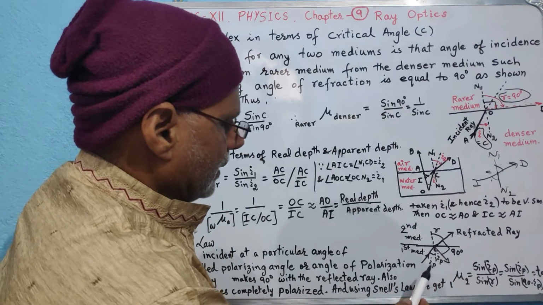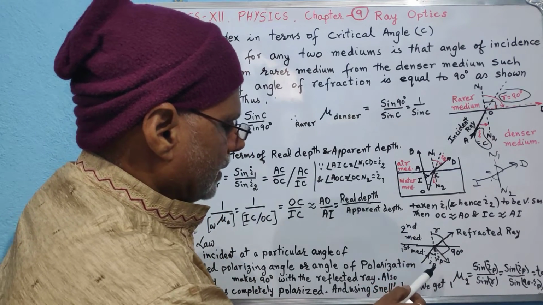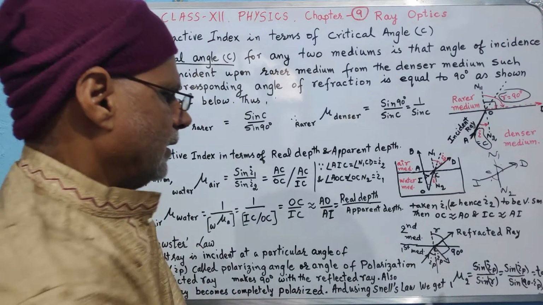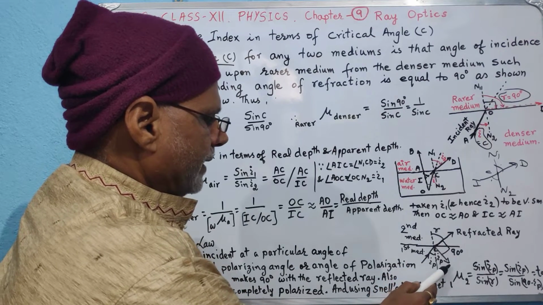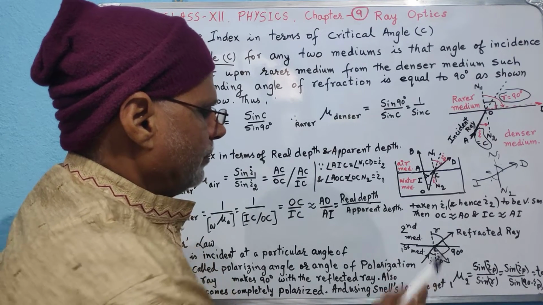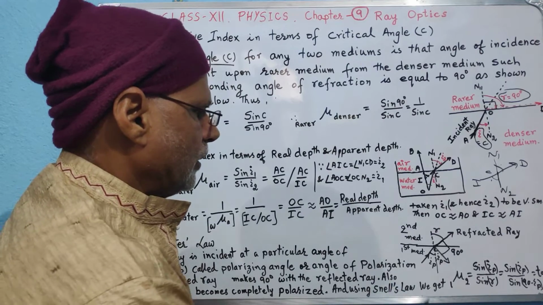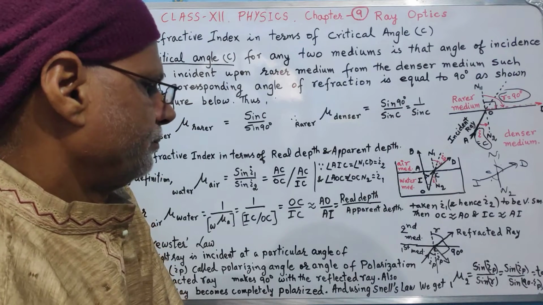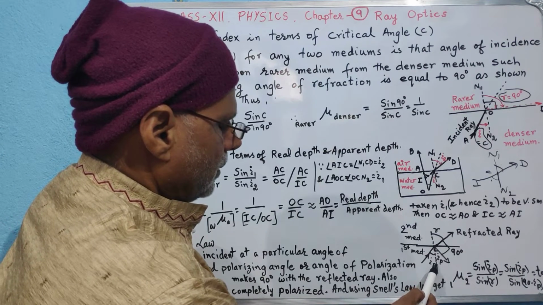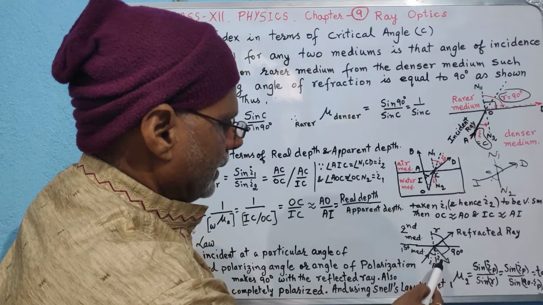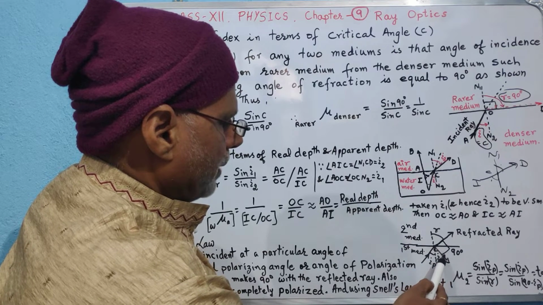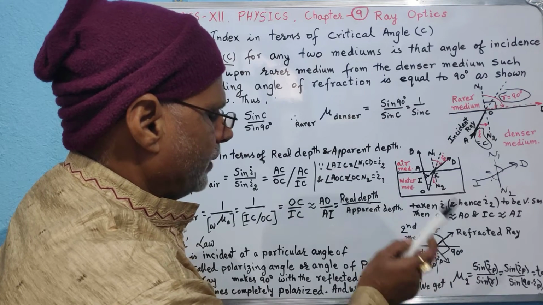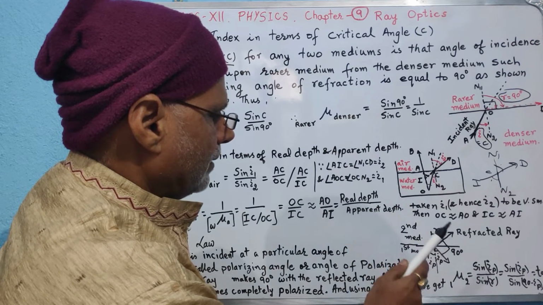When the light ray is incident at the angle of polarization, then the refracted ray and reflected ray make 90 degrees with each other, and as a consequence the angle of refraction becomes equal to 90 minus ip, because you see the angle over a straight line is 180 degrees, out of which this part is 90 degrees, so that is being subtracted from it, so we are left with 90 degrees.